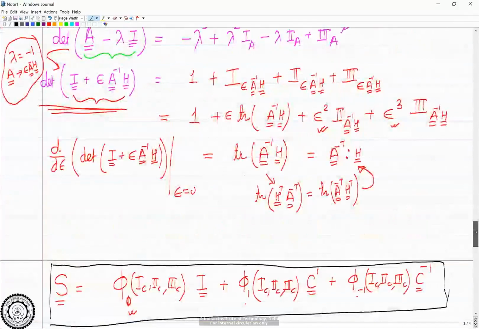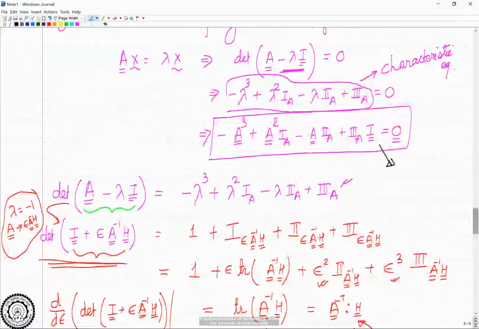So answer is yes. Multiply this expression in the pink box with A inverse on both the sides, and you see what you get. When you multiply by A inverse, what are you getting?